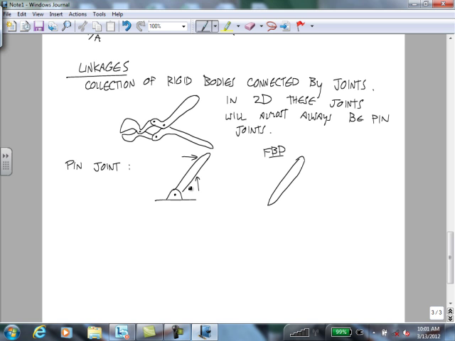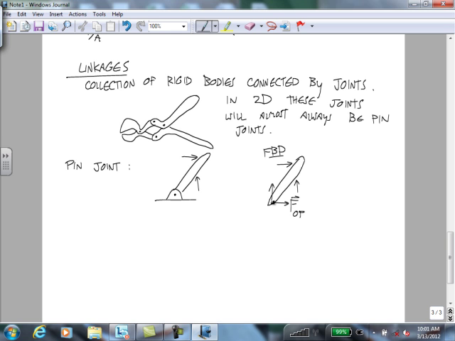So does this pin joint let this body move in the x direction? No, so there has to be a force with an x component. Does it let it translate up and down? No. So it's an unknown full force vector, force on the object by the pin.